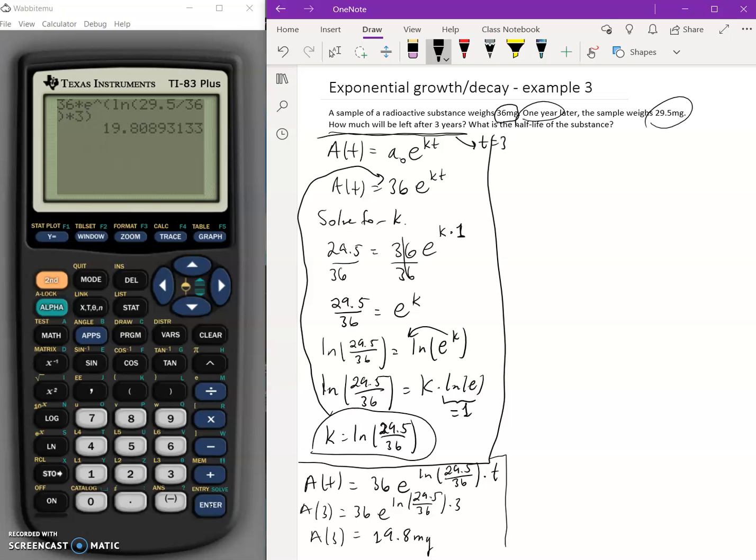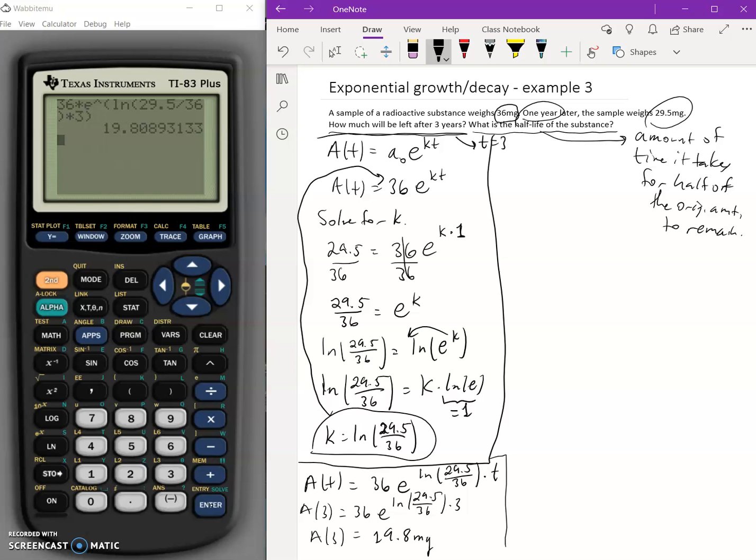Now, moving on to this discussion of half-life. Half-life is the amount of time it takes for half of the original amount to remain.